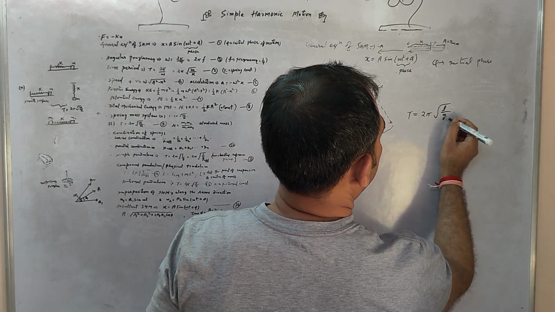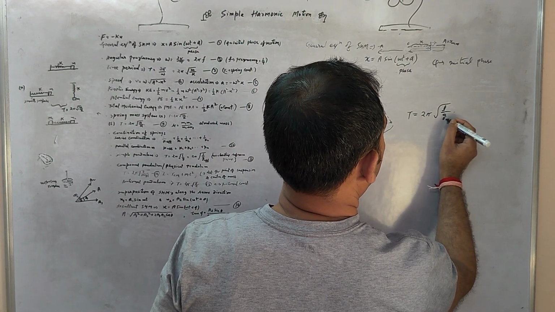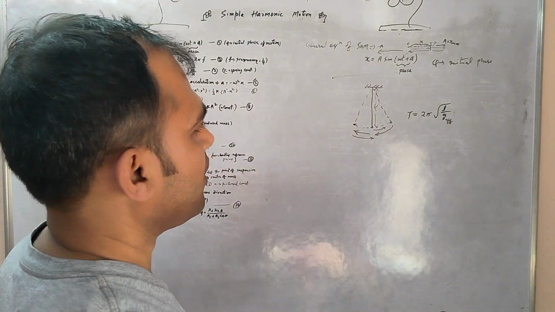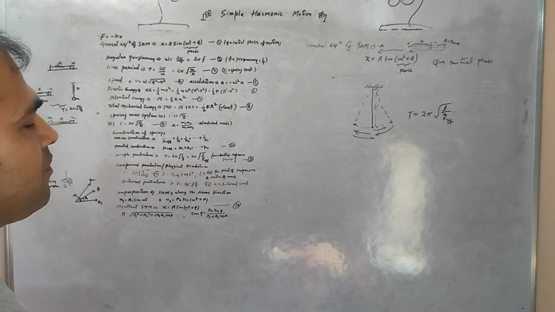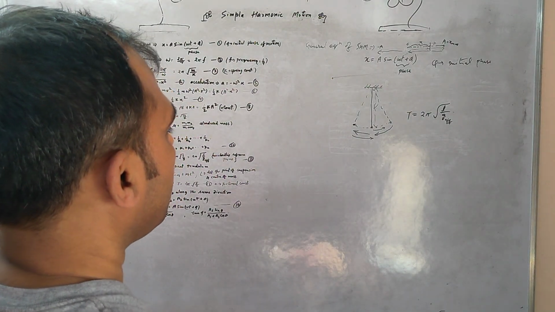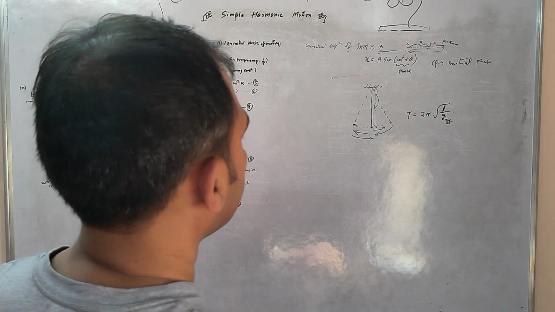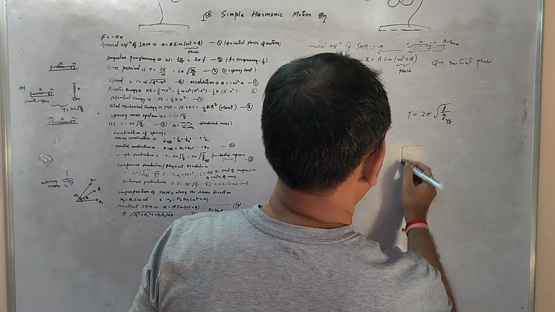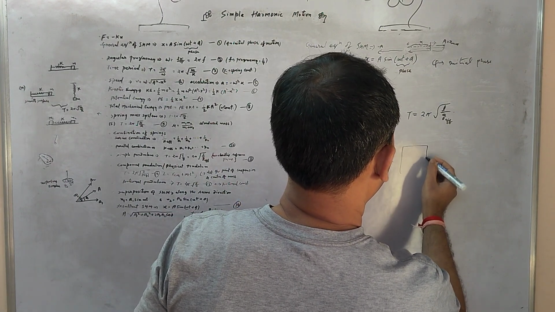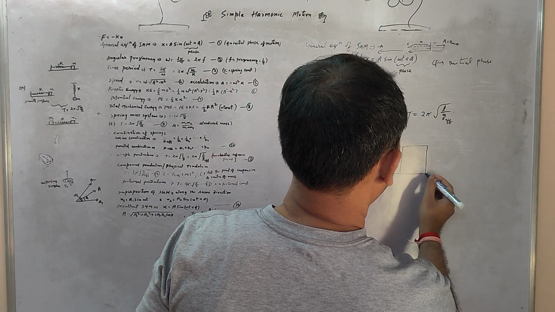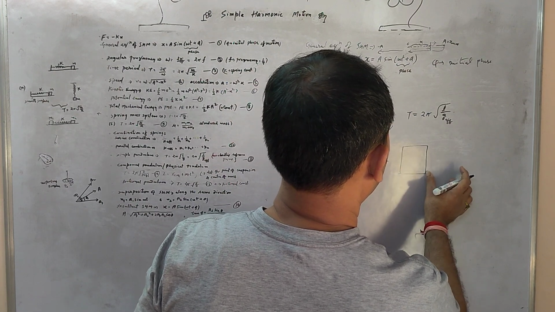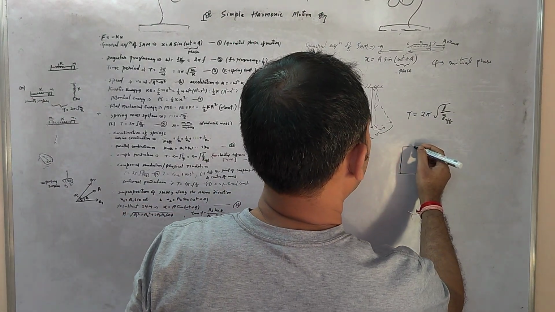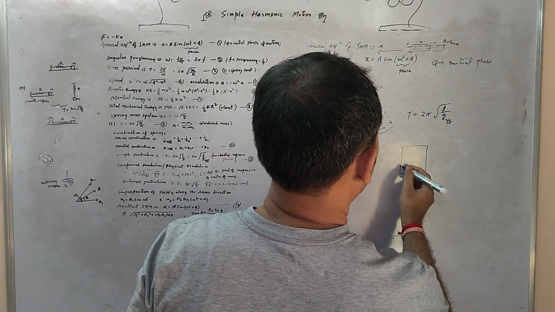You can say g effective if the reference frame is moving with some acceleration a, that means an accelerating reference frame. Suppose you are in an elevator. This is the observer.